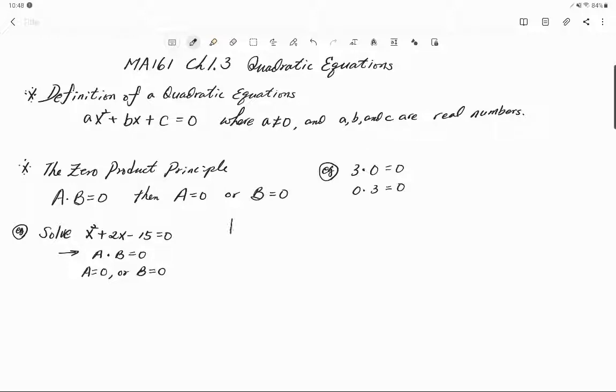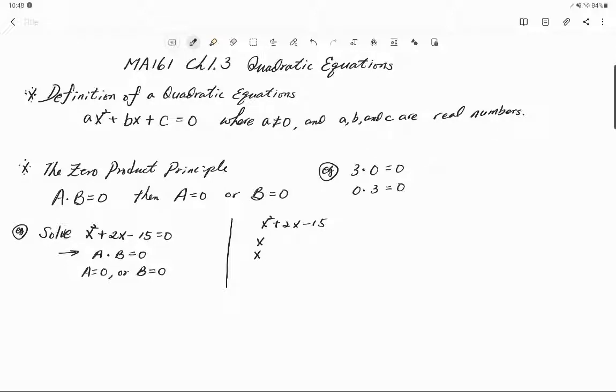I wonder, you already know how to factor a trinomial, right? Here's a method of factoring a trinomial. Make sure the x squared term comes first, then the x term, and then the constant term. Then we can find a pair of products of the first term. So x squared is always x times x, and the constant is negative 15.